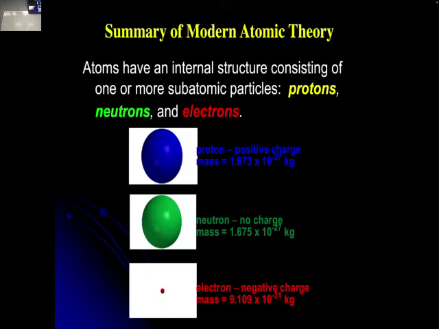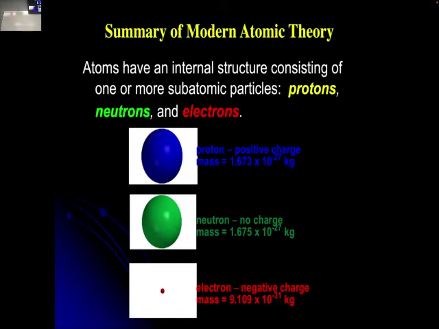So what's kind of interesting about the neutron? No charge. What else? It does have mass, and it's almost the same mass as a proton, but not quite. In fact, a neutron is nothing more than a proton and an electron that have combined. That's how you get neutral charge.